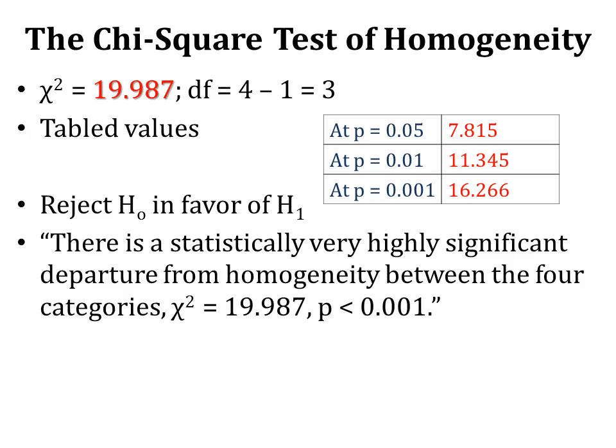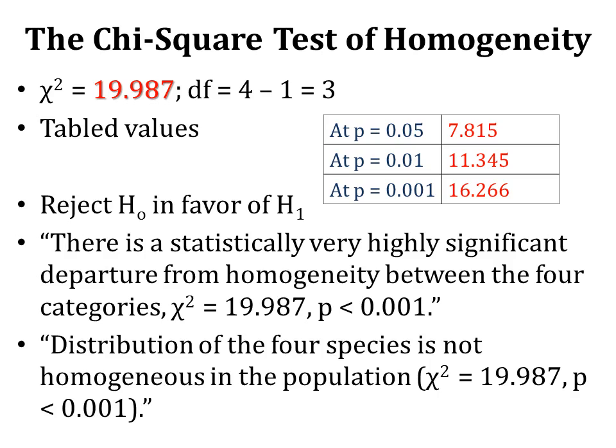So what should be our results? This is our last step, the results. There is a statistically very highly significant departure from homogeneity between the four categories: chi-square 19.987 and probability less than 0.001. The distribution of the four species is not homogeneous in the population.